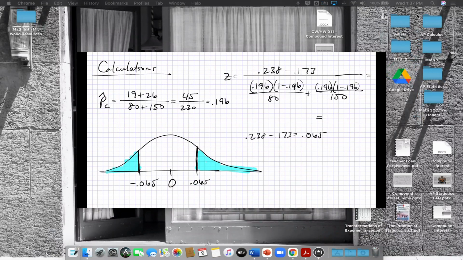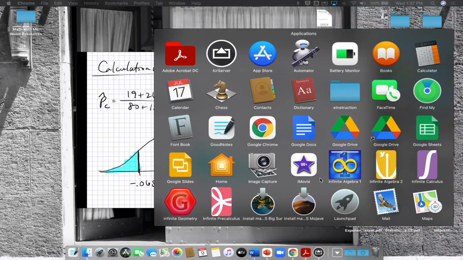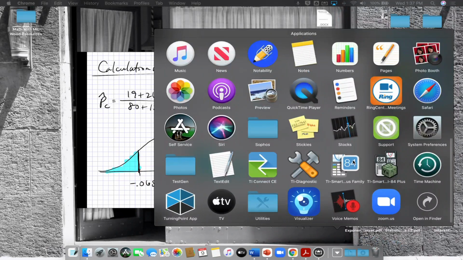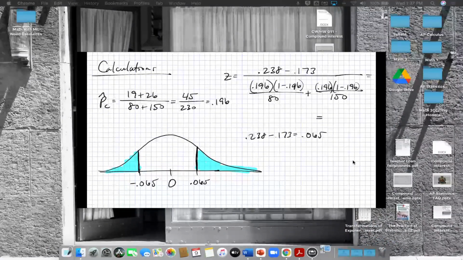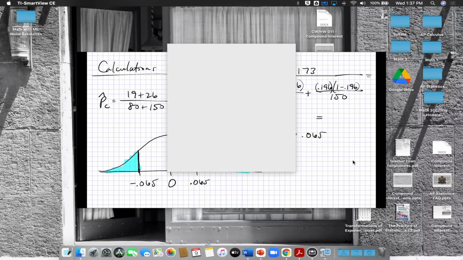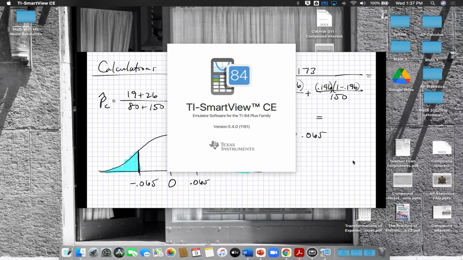So let's get out the calculator. If you've got your calculator, while I'm waiting for mine, go find the test we are going to use. Which test out of the list of tests and intervals are we going to use?